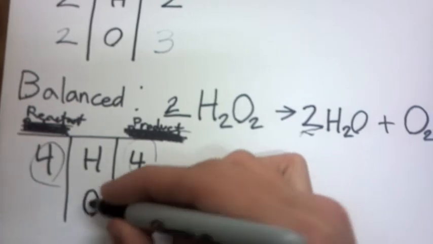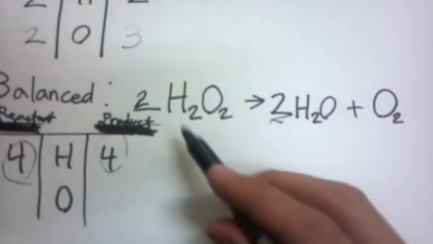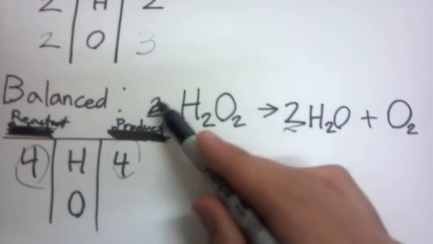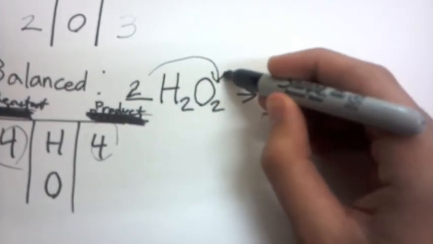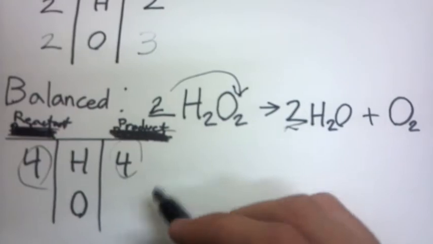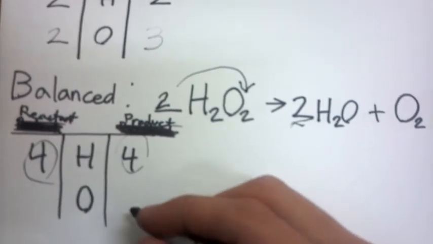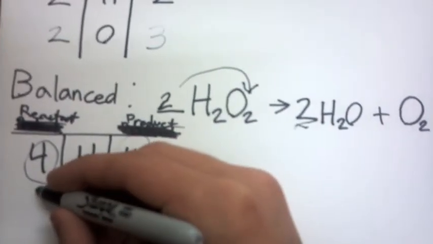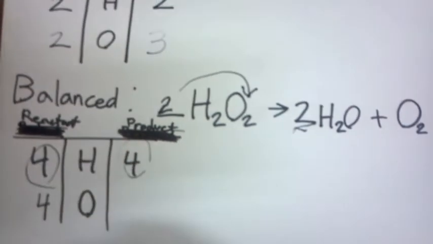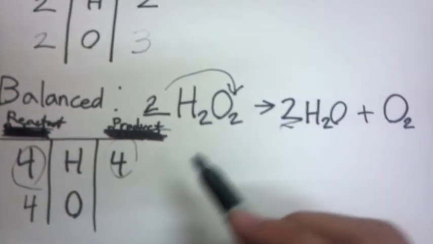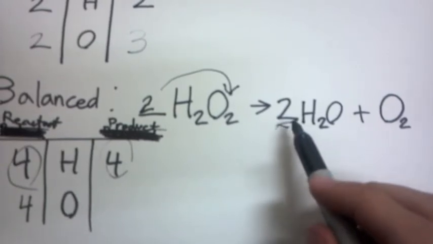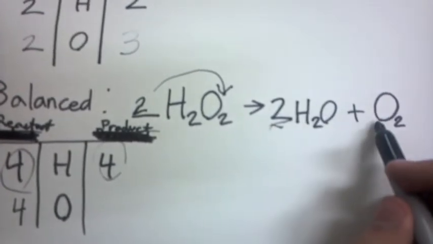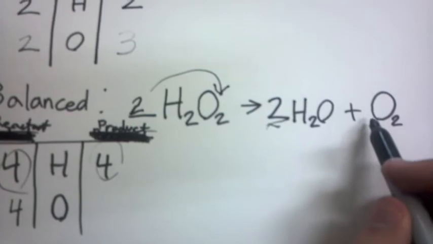Now the oxygen: 2 times O2, because this is multiplied by this 2. So 2 times O2 equals 4 on the reactant side. And 2 times O2 on this side, that's 4 again.